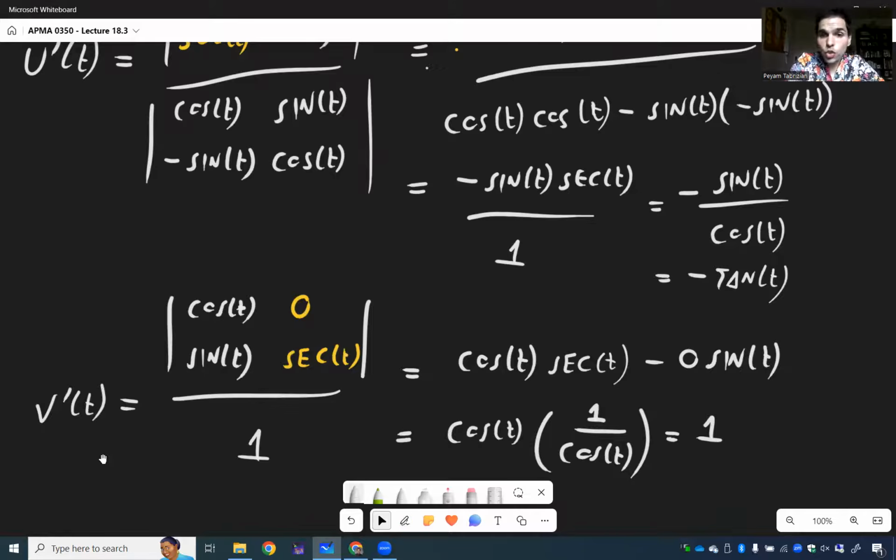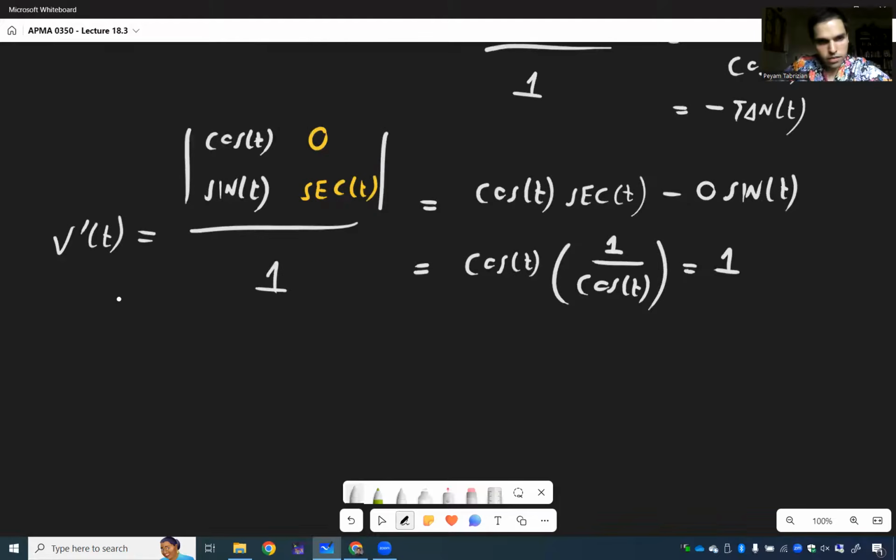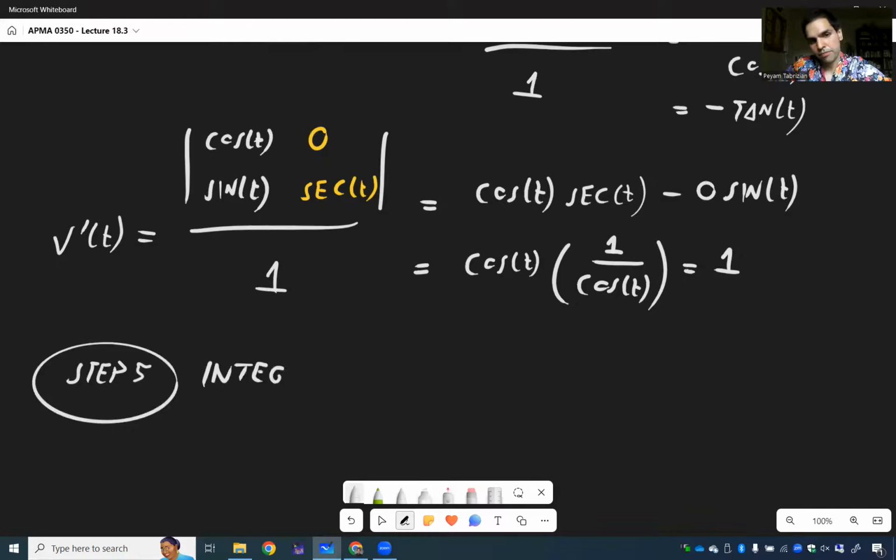Now we get u prime and v prime. But what we need to do, we need to find u and v. So the next part is to integrate. I know, lots of steps, but they will always be the same thing. So integrate. So u prime of t was minus tangent of t.